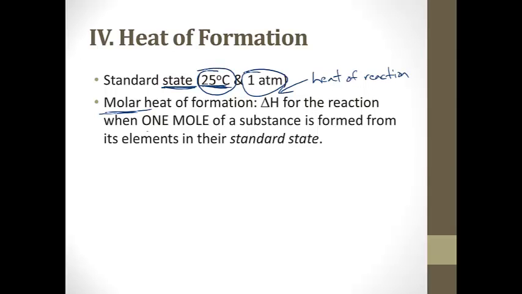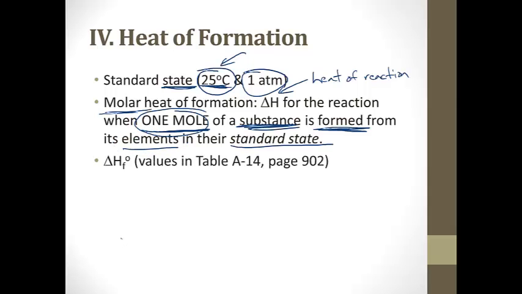This reaction is when 1 mole of the compound, 1 mole of a substance, is formed from the elements in their standard state. So when we talk about what your reactants are, it's the elements in whatever state they are in at 25 degrees Celsius and 1 atmosphere of pressure. Those are always the reactants, elements. And your product has to be only 1 mole of the substance that we're talking about.